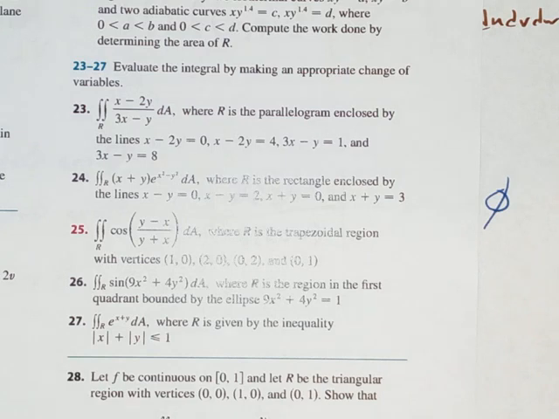That's an ellipse. Ellipses are really hard. If I could make it a circle, u equals 3x, v equals 2y, then u squared and v squared would give me 9x squared and 4y squared. So it's hiding in the function.